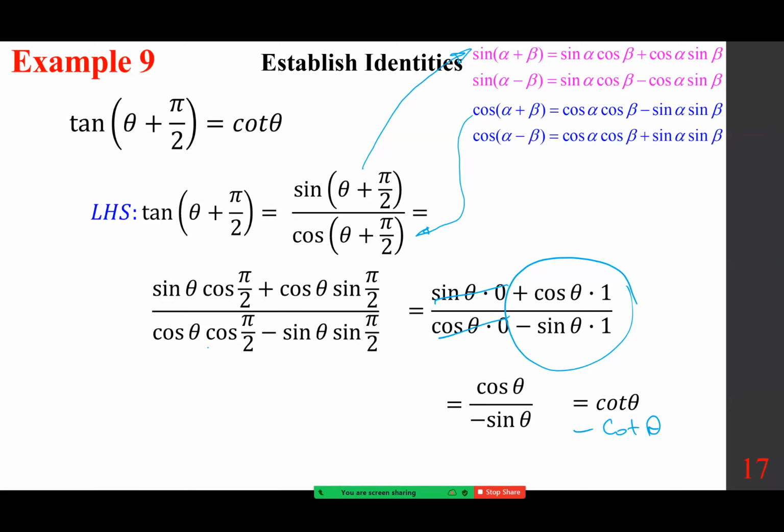And the bottom one is cosine theta cosine power 2 minus sine. So this must be minus cotangent. So it's minus cotangent beta. That's the establishment.